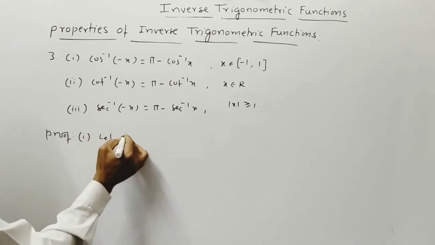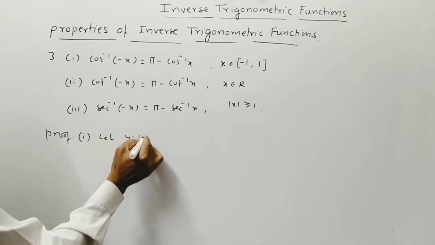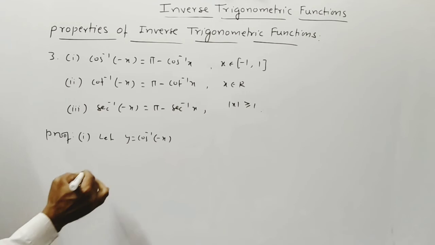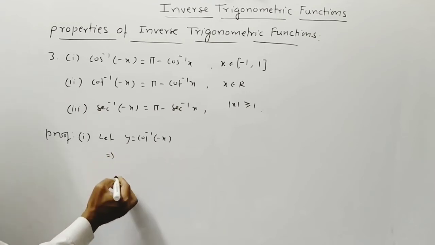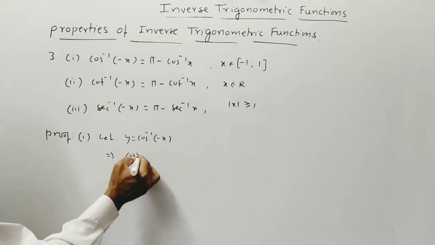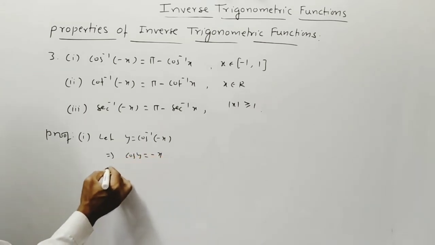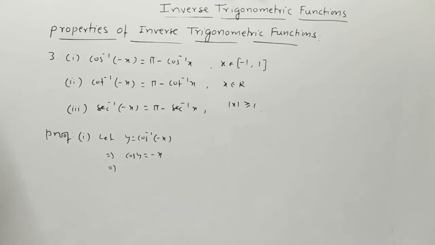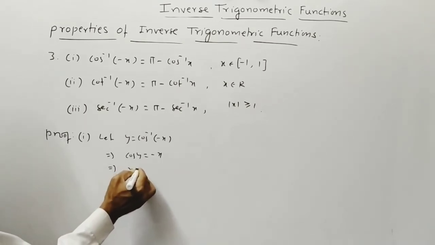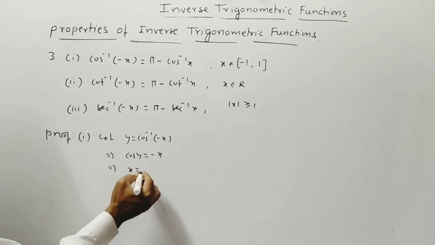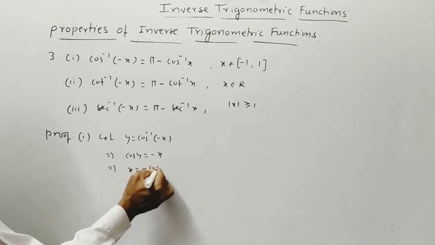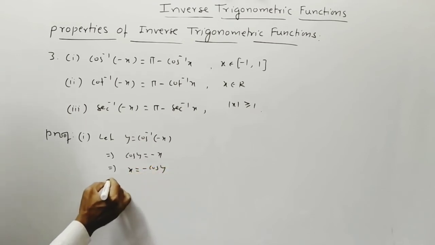Let y is equal to cos inverse of minus x. This implies cos y is equal to minus x. This implies x is equal to minus cos y.